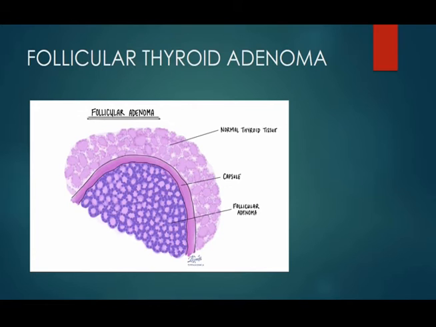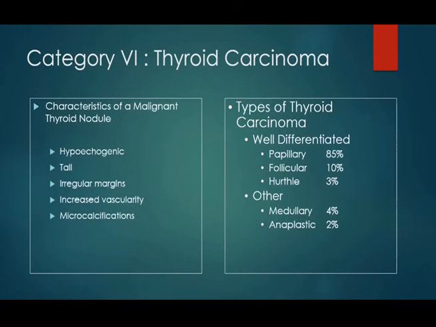Histologically, the adenoma is separated from surroundings by a capsule which makes it clinically palpable mass, as shown in the image. The thyroid carcinoma can be in the form of poorly differentiated and well differentiated types, with the papillary type most common.